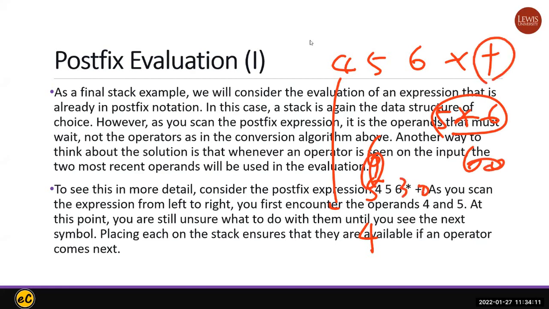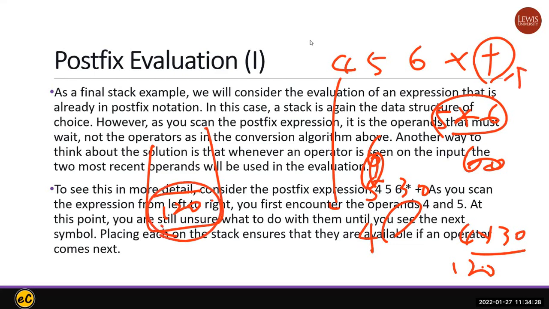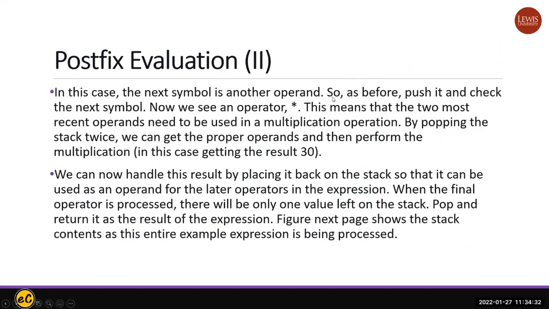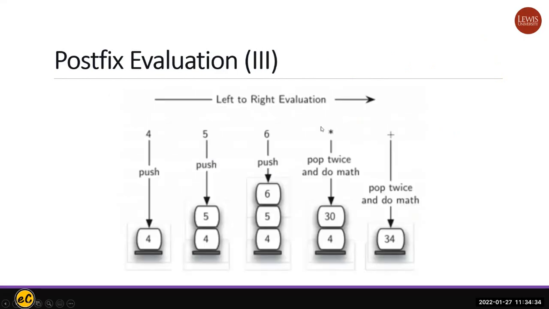Then we see a plus sign now, so you pop out these 2 values, and you get 4 times 30, which is 120, and push it into your stack. There's only one value and no more operands, so that value will stay at the bottom of your stack. That's how evaluation is done.